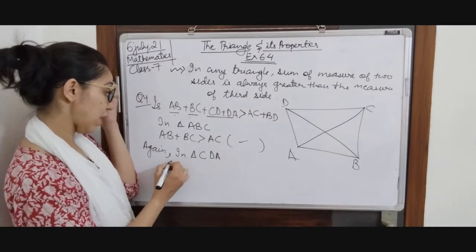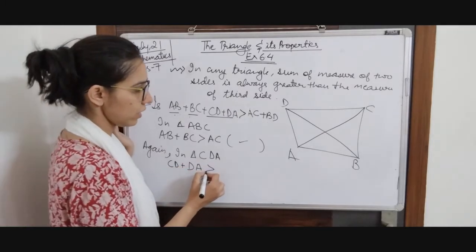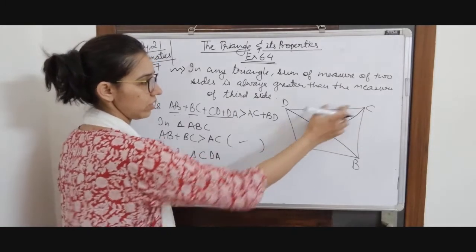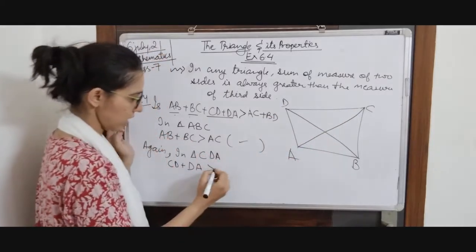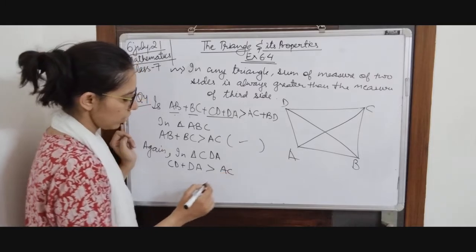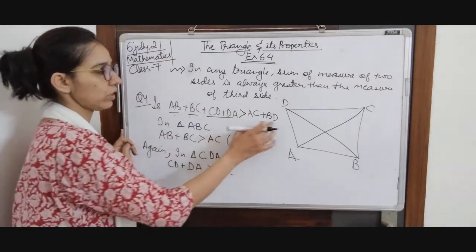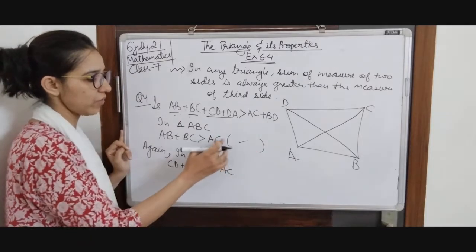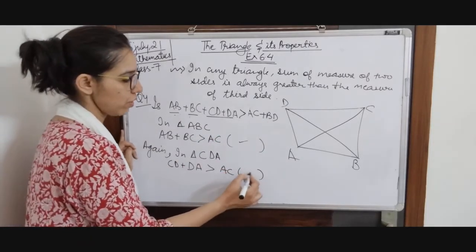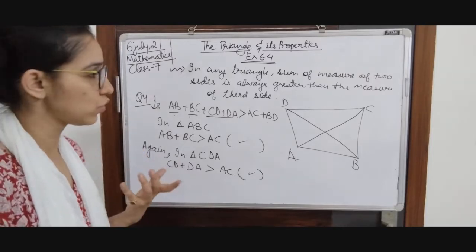In it, we have CD plus DA is greater than CA, or you can say AC also. So if we are going to add them up, we are going to get this side correctly, but not this side. On this side we have AC and AC. So we will not know. So it means we have to take more triangles to check that.